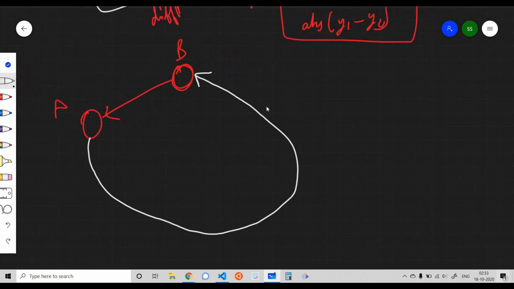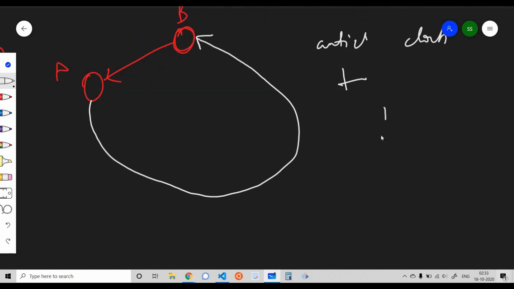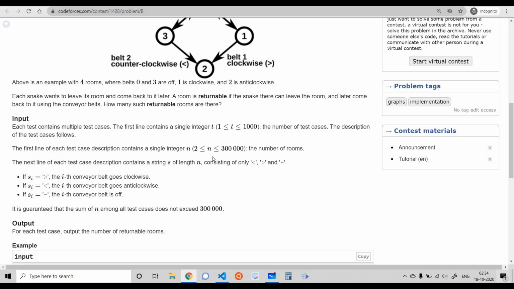And if you observe, if we have either an anti-clockwise or a clockwise cycle, then the answer would be N in this case, because we can start from any node, and as we have a cycle in our graph, we can start from any node and we would be able to reach the same node again. So all such rooms are of the type which we want to find out.